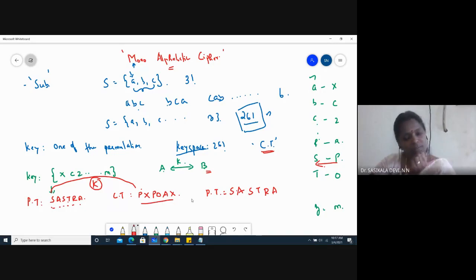So what sort of change can we make here? Each occurrence of the same character should be replaced by a different character.